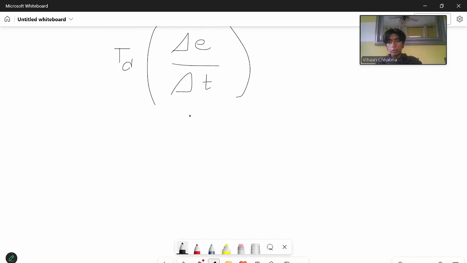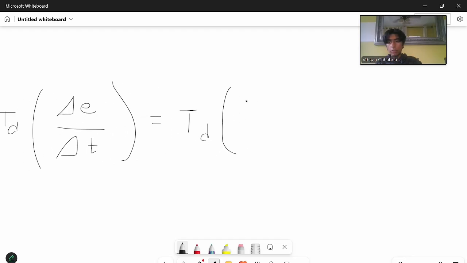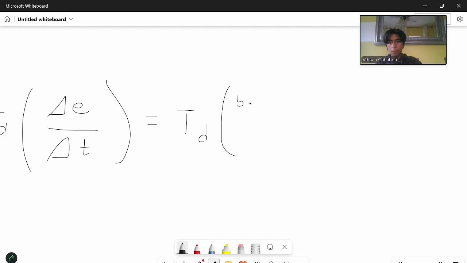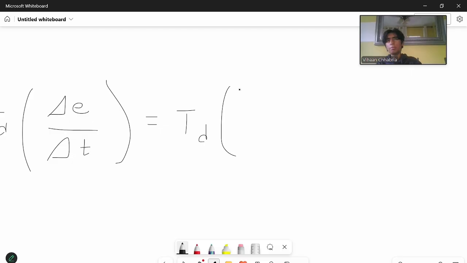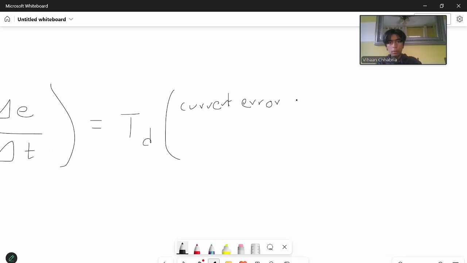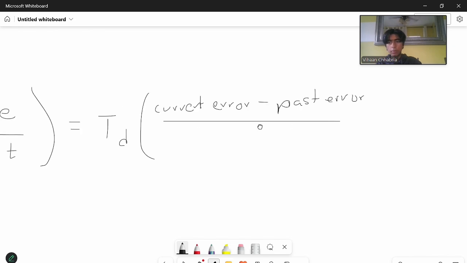And if you're not familiar with delta, which is the change in, you can also write that in T parentheses: the current error minus the past error.